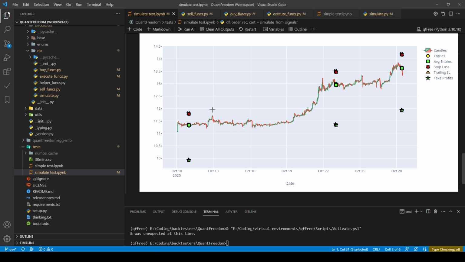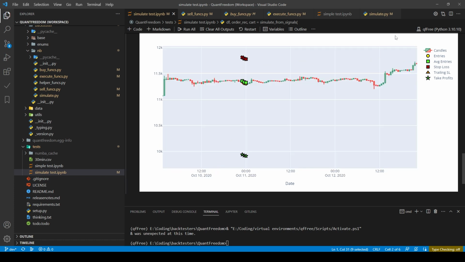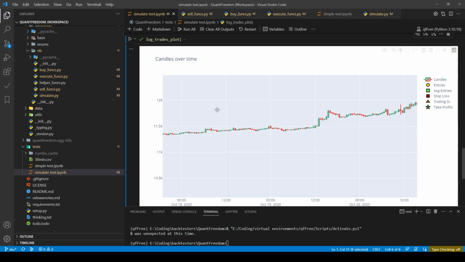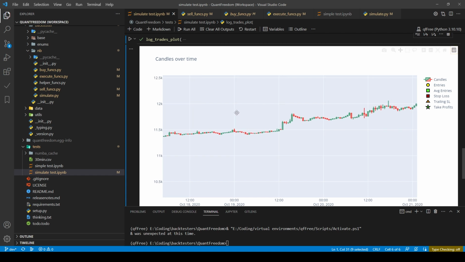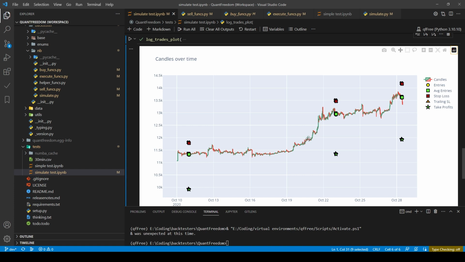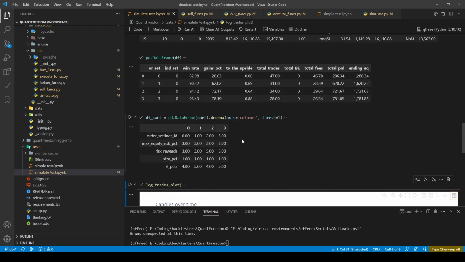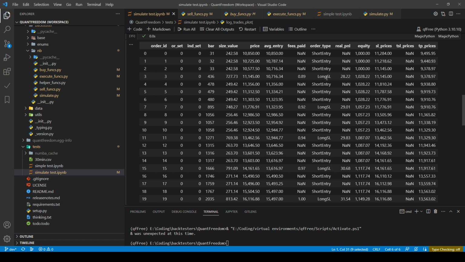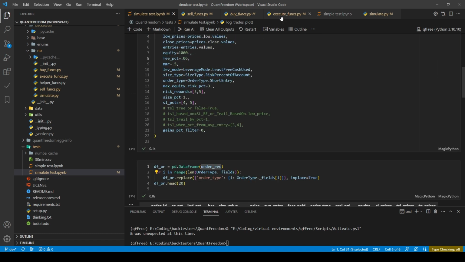Why is it not showing that I got stopped out? I got stopped out. So... Oh no. Wait, what? Why is it not showing I got stopped out here? It is. Wait, what? Long stop loss. Oh.